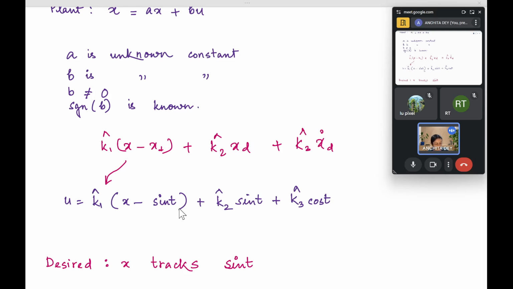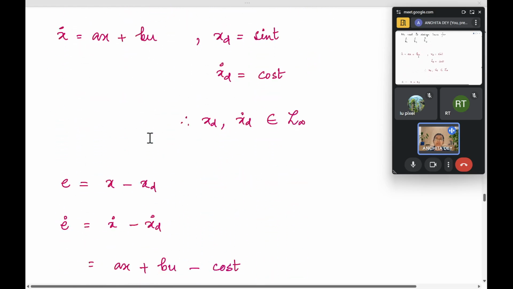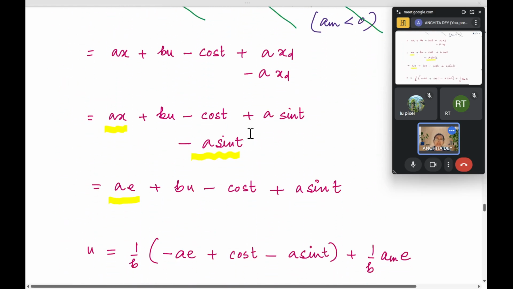So we can simply say that this is equal to k1 hat e plus k2 hat xt plus k3 hat xt dot. It's the same thing. In class we had here x, but now we have here e. Since u is written as an expression of e, in order to bring the same e again, we start the analysis here with a instead of Am, so that we can take this a common and come up with an ae expression here.